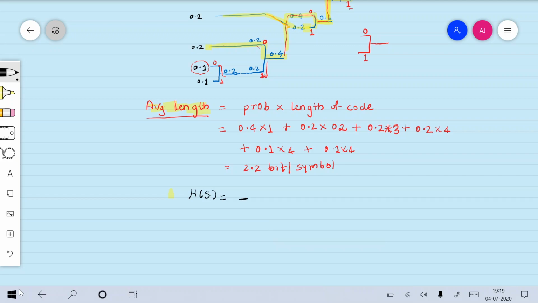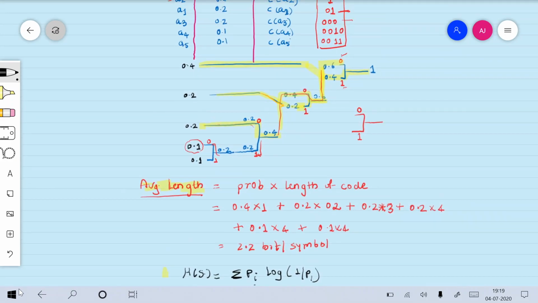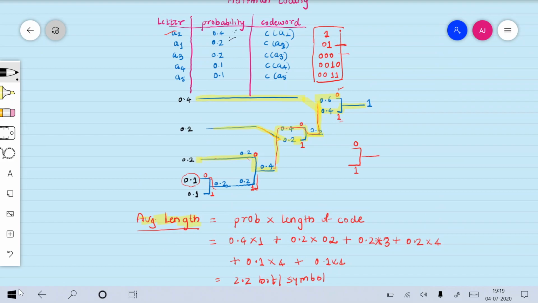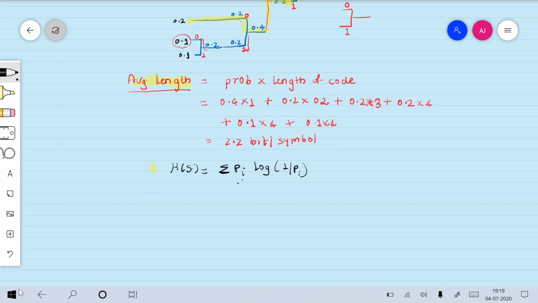It is the summation of probability times log of 1 upon pi. Now what you have to do is, you have the probability of individual symbols, which is given in the problem, and you have to calculate the summation of probability multiplied by log of 1 by probability.